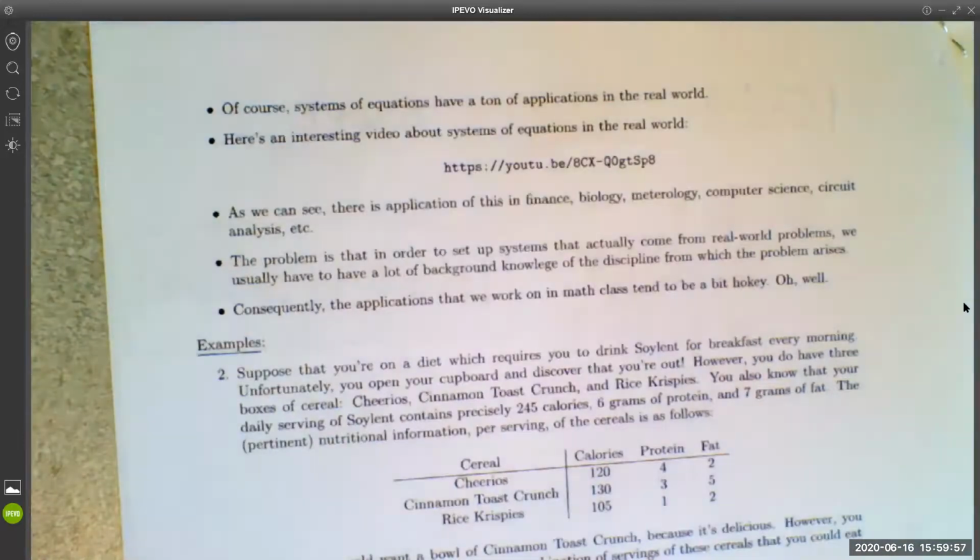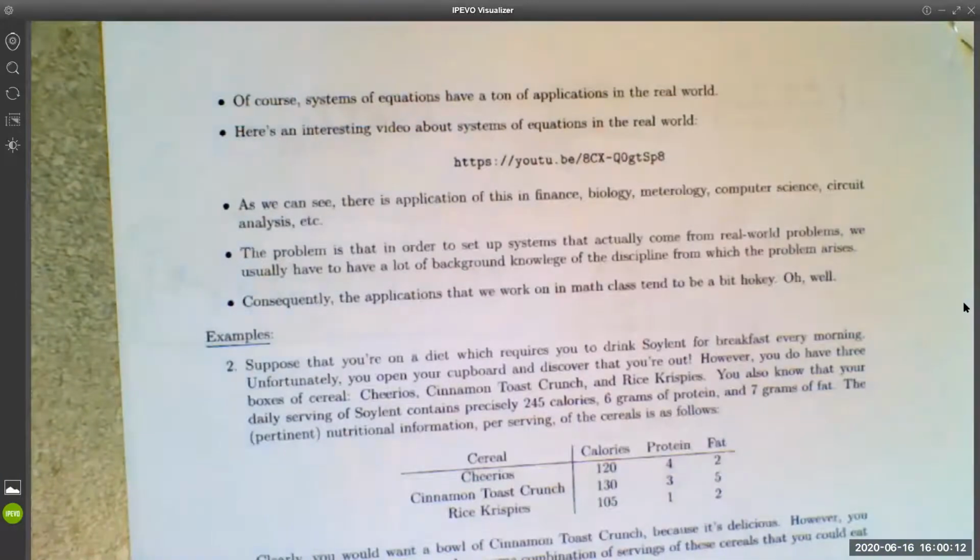Okay, so that's that. We've seen several examples. I just wanted to mention quickly about applications. There are tons of applications of systems of equations in the real world. Search engines use systems of equations. They're used in finance, in biology, to predict the weather, all kinds of stuff. Systems of equations are everywhere.